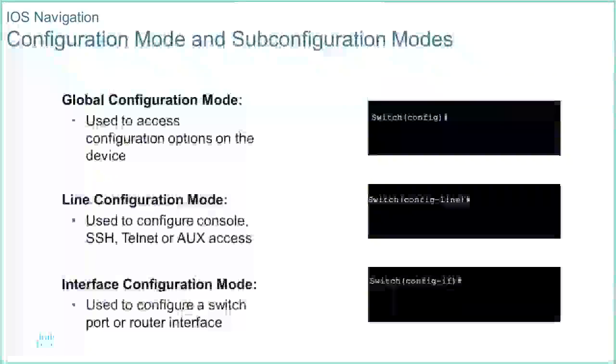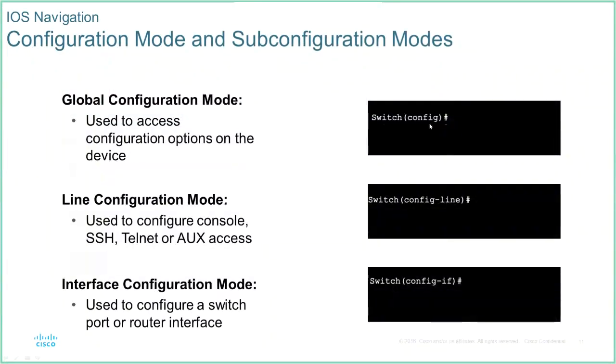like the global configuration mode, where we change the prompt so you start getting specific modes displayed in between the brackets. So if it's config, it's in global config mode. Config-line is your line configuration mode, which we use to configure our remote access to the device via Telnet, for example.